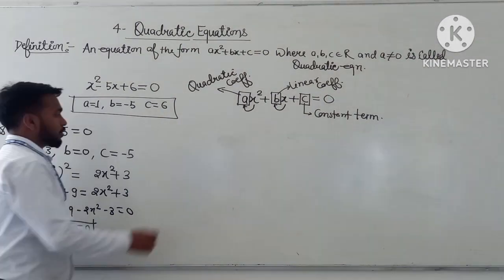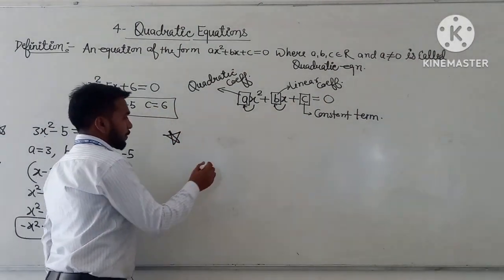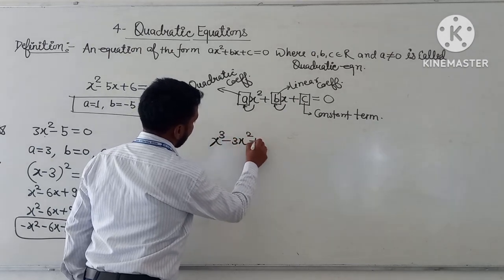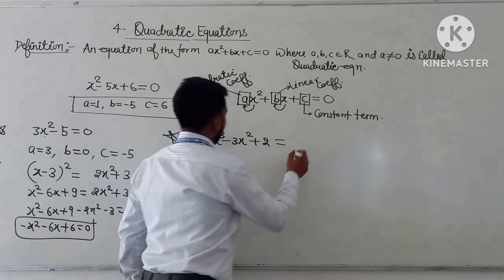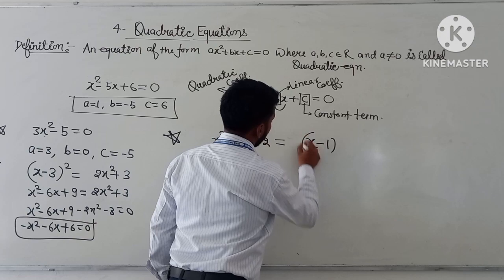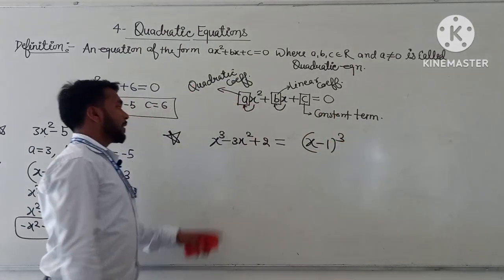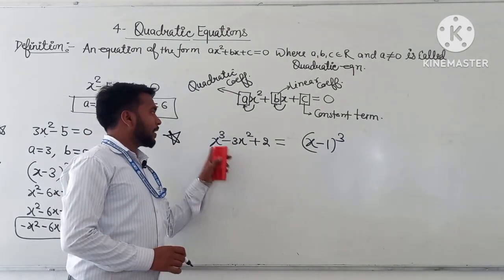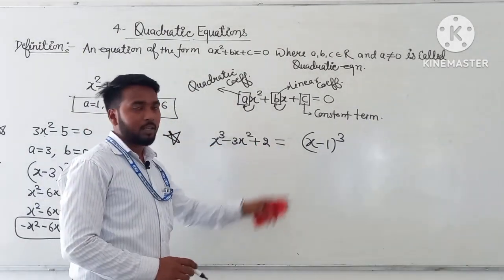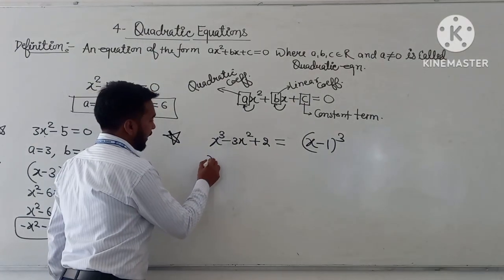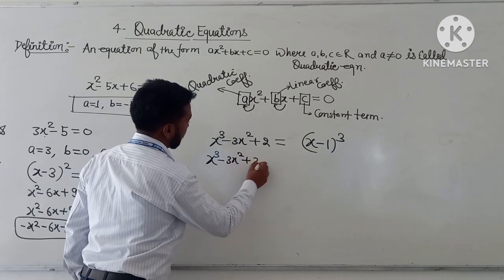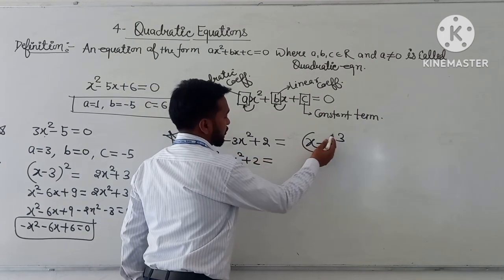Now another question for you, students. Suppose I write here x cube minus 3x square plus 2 is equal to (x minus 1) whole cube. You have to check whether it is a quadratic equation or not. First of all, you will simplify the given equation. So here I will write x cube minus 3x square plus 2 is equal to, here (x minus 1) whole cube.